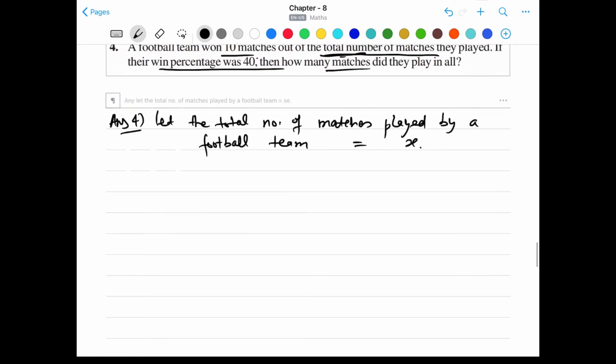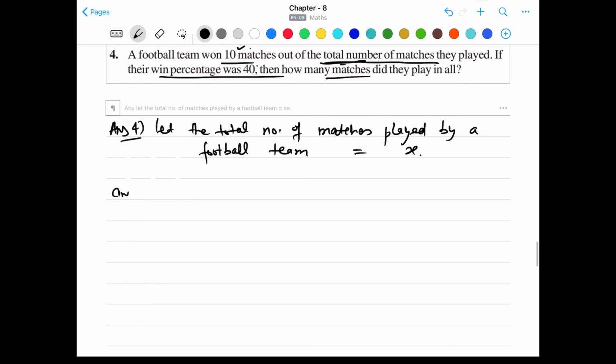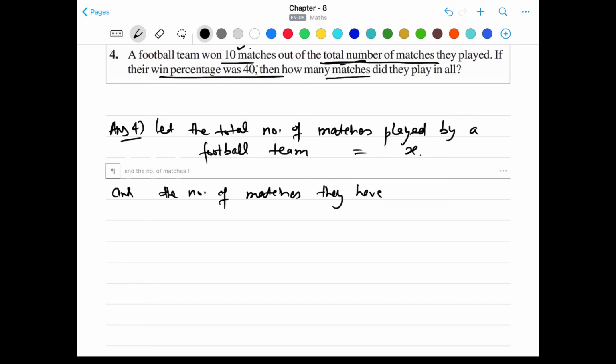Okay, so let's write the number of matches they have won. The number of matches they have won is equal to 10 matches. Out of the total matches they have played, they have won only 10 matches.